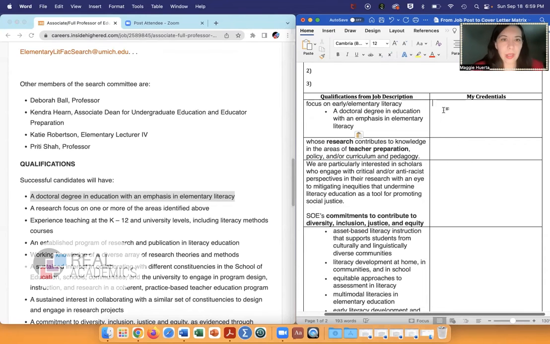My degree does not say that. My doctoral degree is in educational psychology with an emphasis in bilingual education, which has all kinds of cultural and diverse elements of literacy. And my background was very much rooted in elementary literacy. So I'm not going to let that stop me from applying.